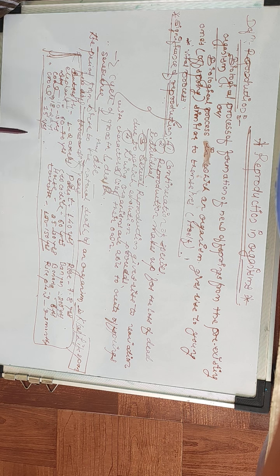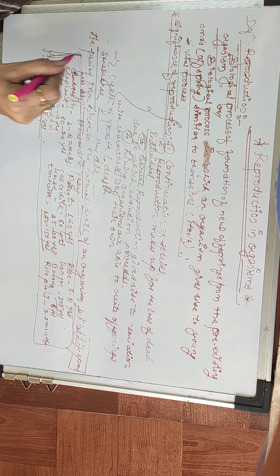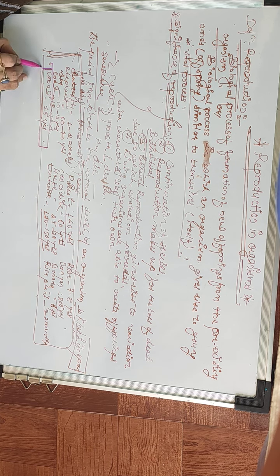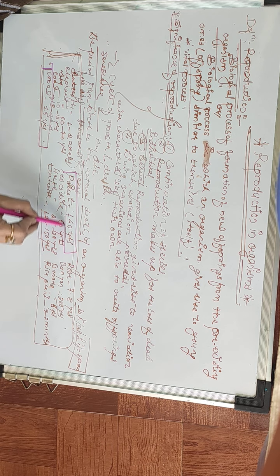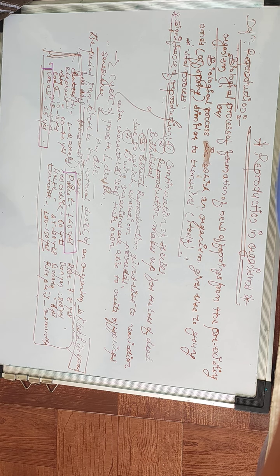For example, the size of crow and the size of parrot are not very different, but their lifespans show a wide difference.